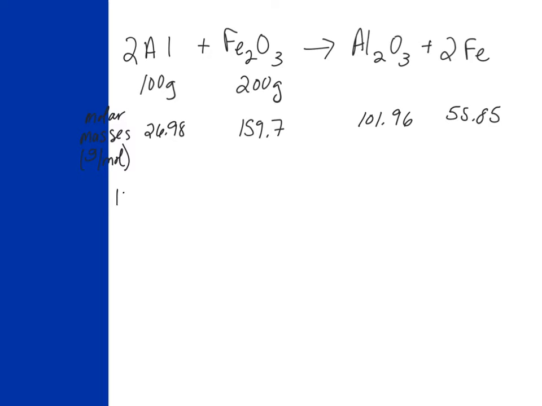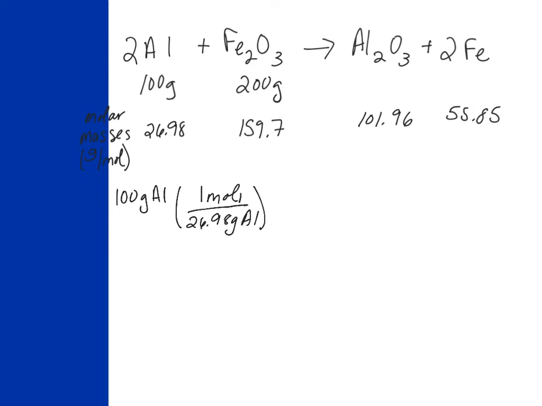If we start with 100 grams of aluminum, we know that we're going to convert to moles. So since grams is on top, we're going to want grams on the bottom. So we're going to write in 26.98 grams of aluminum for 1 mole.